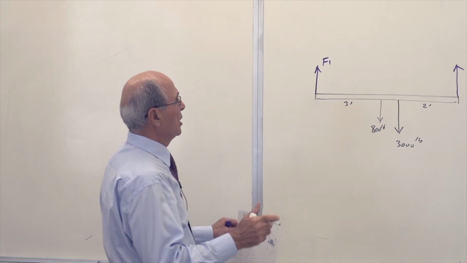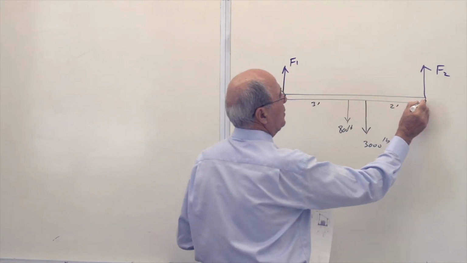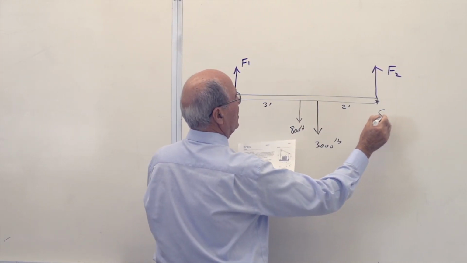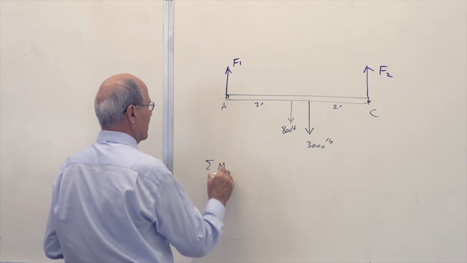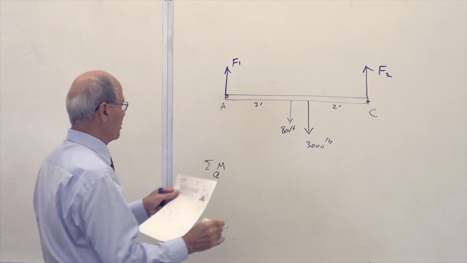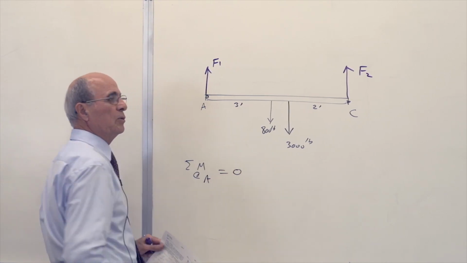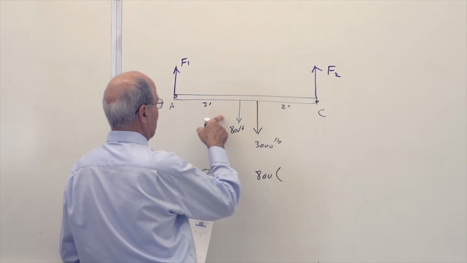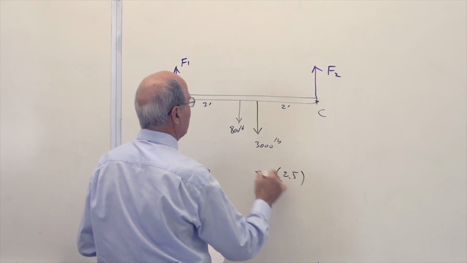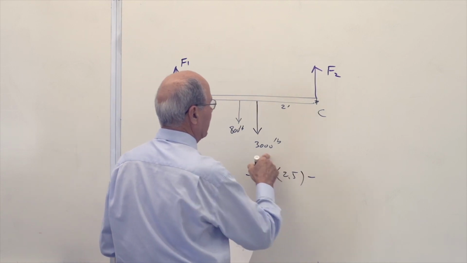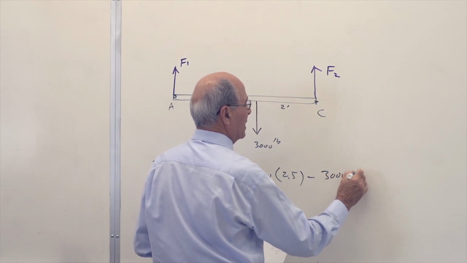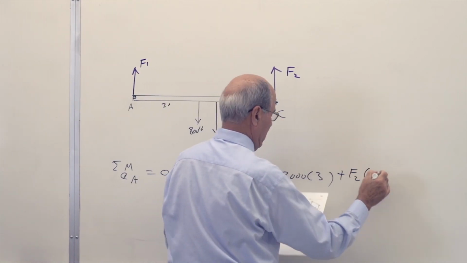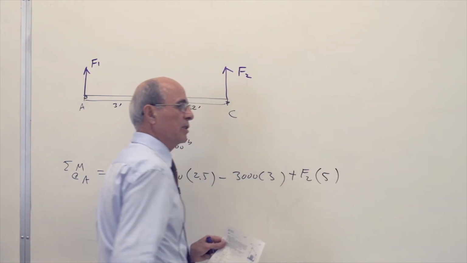Anyhow, this is the equilibrium. So you can use, point A was given. Point C was given. So therefore, you can take the moment about A or about C. I don't know which one I used here, so I use it for A. So then you will write 800 times 2.5 feet, and it's going to be negative, minus 3,000, as simple as that, times 3, plus F2 times 5, because the total length was given as 5 feet.